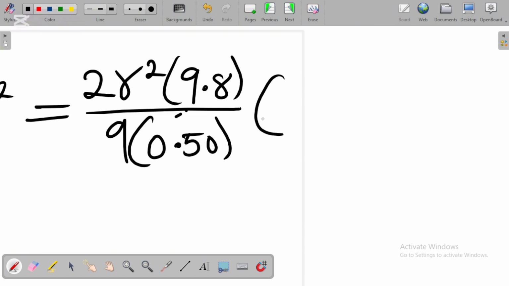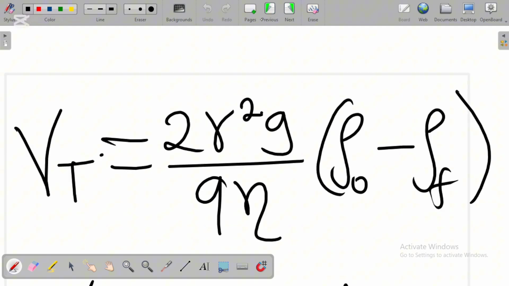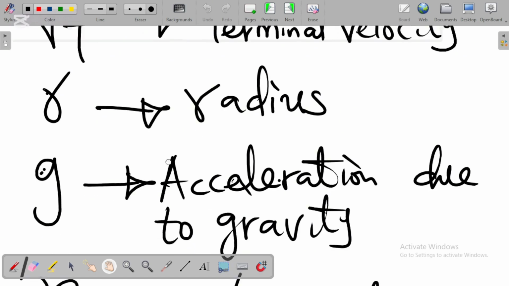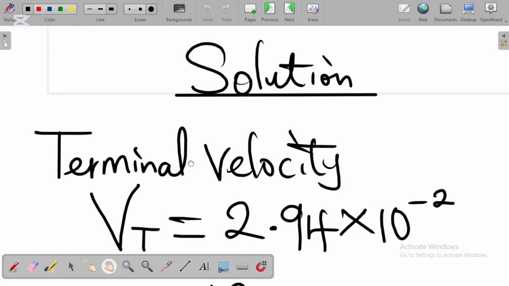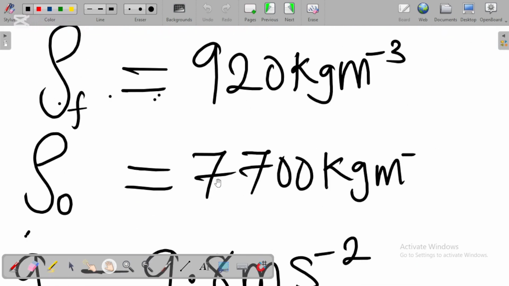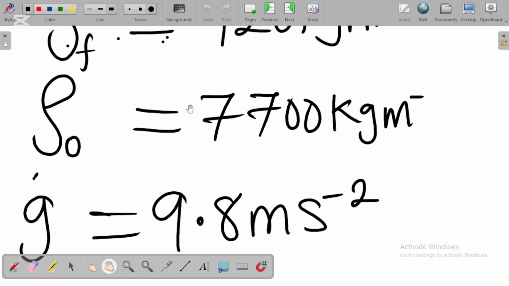All right, so this will multiply. What is the density of the falling object? The density of the falling object, which is rho naught, is equal to 7,700 kilogram per meter cube.